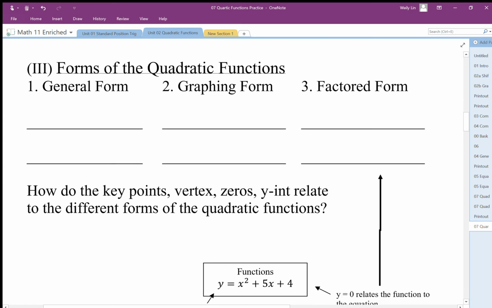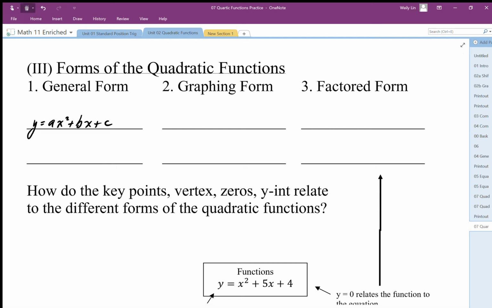So the three forms of the quadratic function are the general form, graphing form, and factored form. For the general form, really we get the a value, which is an expansion compression. Maybe I'll just write that out. y equals ax squared plus bx plus c.